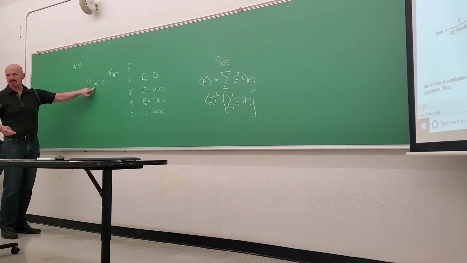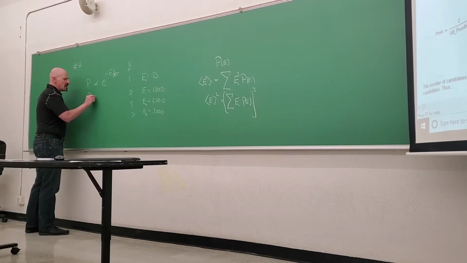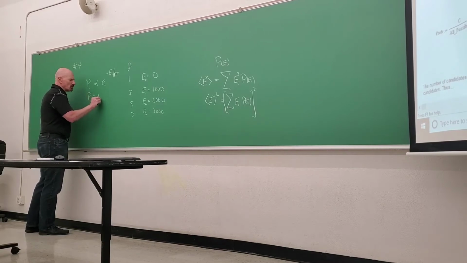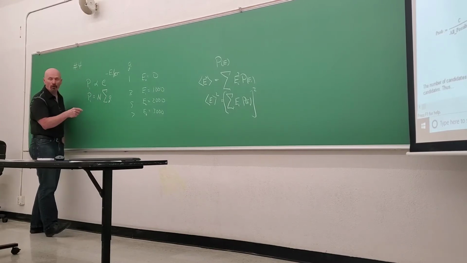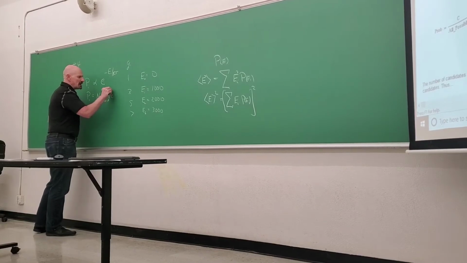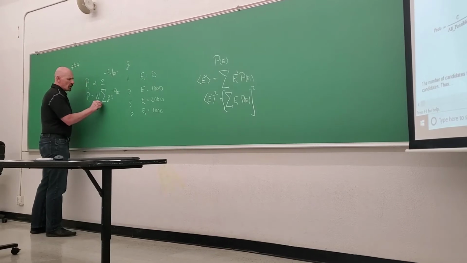The probability is proportional to this, but we can write it as equal to some normalization constant times the sum of g_i, how many there are, multiplied by e to the minus E_i over RT, with i going from 0 to 3.